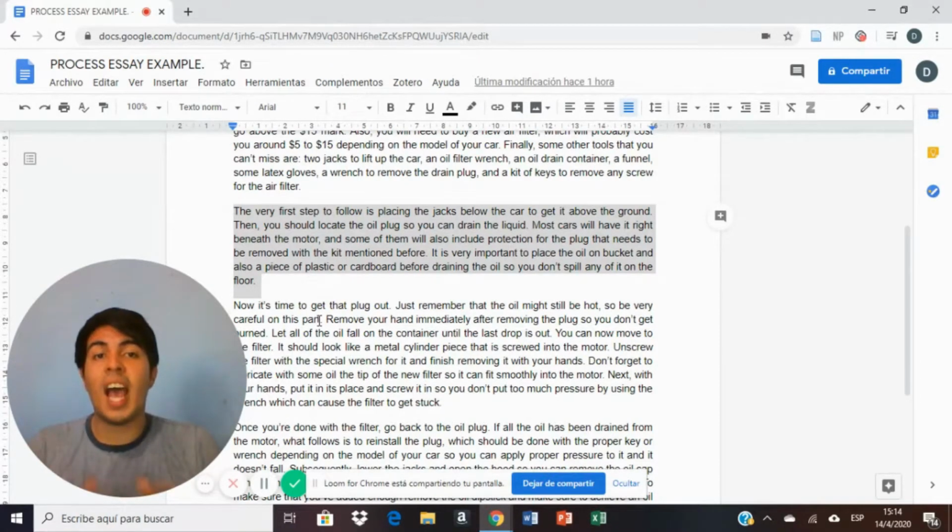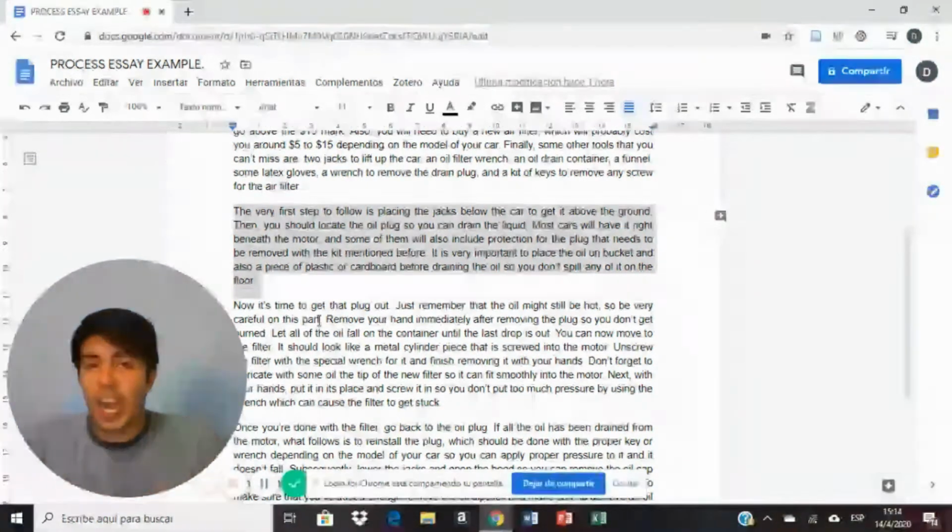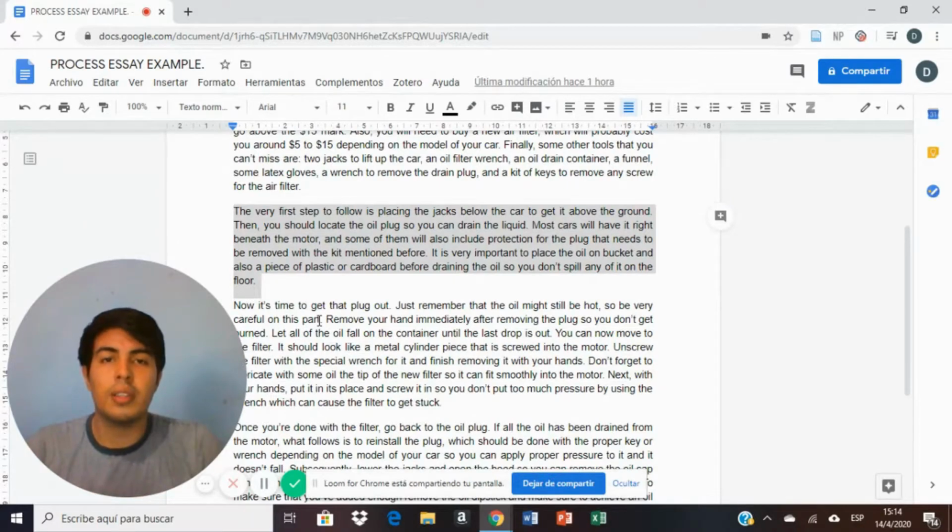Most cars will have it right beneath the motor, and some of them will also include protection for the plug that needs to be removed with the kit mentioned before. It is very important to place the oil bucket on a piece of plastic or cardboard before draining the oil, so you don't spill any of it on the floor.